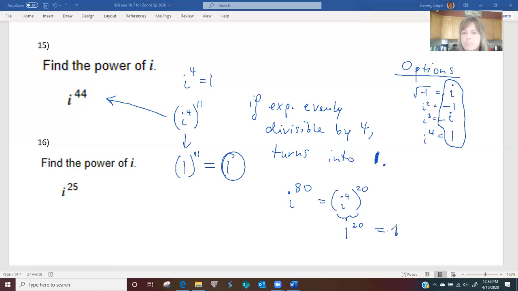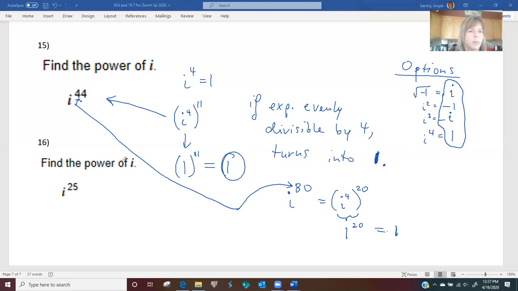You see it? So do you see how this exponent is evenly divisible by 4? This exponent is evenly divisible by 4. So any one of them that has an exponent evenly divisible by 4 automatically has final answer 1, okay? So that's that scenario here.